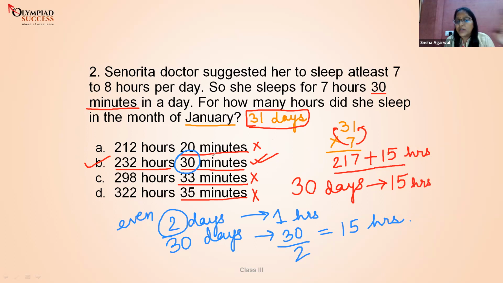You don't have 30 minutes in the A option, just eliminate. You don't have 30 minutes in the C option, eliminate. You don't have 30 minutes in the D option, so eliminate. So you just have one option. You can directly select that answer. Okay, clear? Now understood?